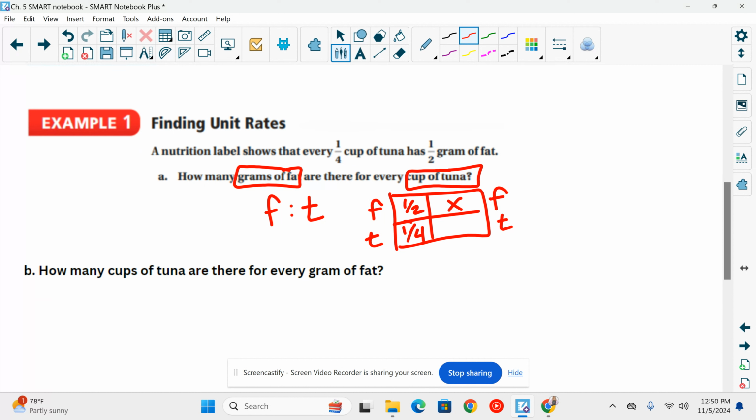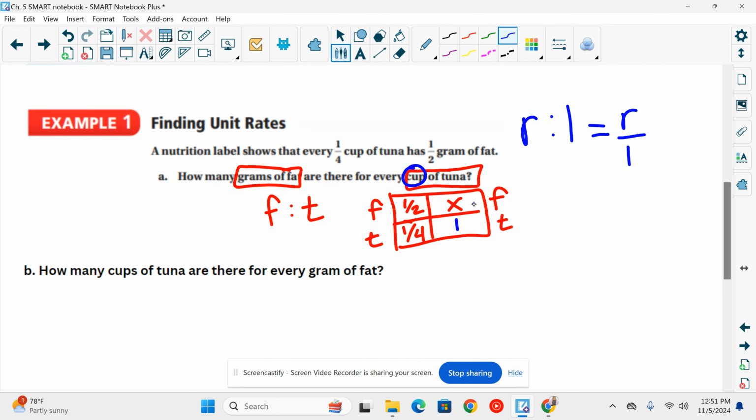Should be 1. How do you know it's 1? Because it says for every cup. For every cup. Okay? See that? It's singular, which means it's 1. We also talked about how it's going to look like this. Which means as a fraction, the rate's going to be up top and the 1's going to be on the bottom.